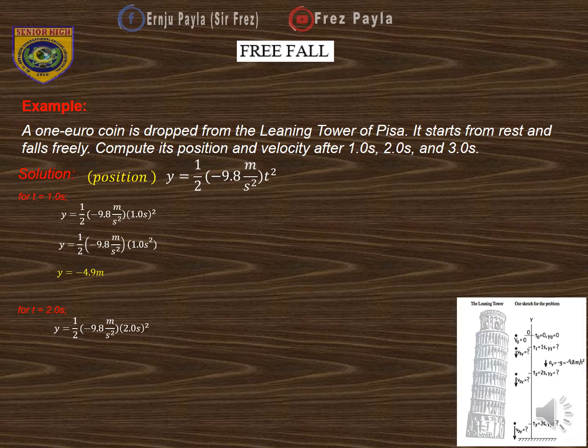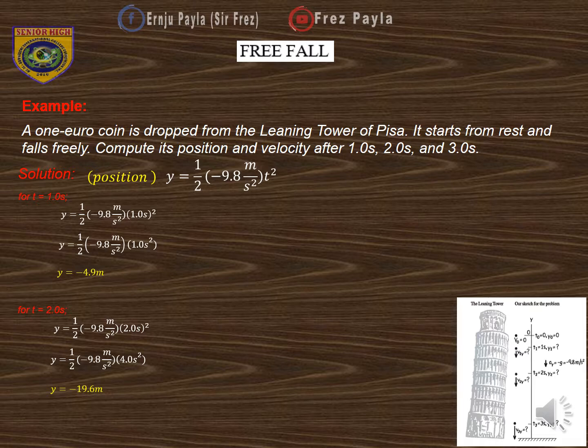Let's square the time first: 2 times 2 equals 4, so 4 seconds squared. The final answer is y equals negative 19.6 meters.